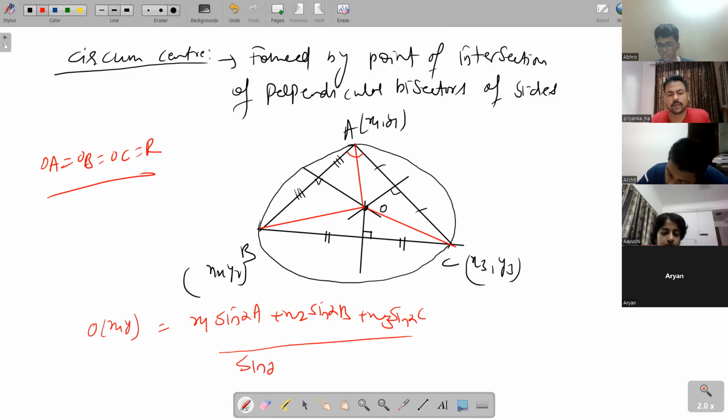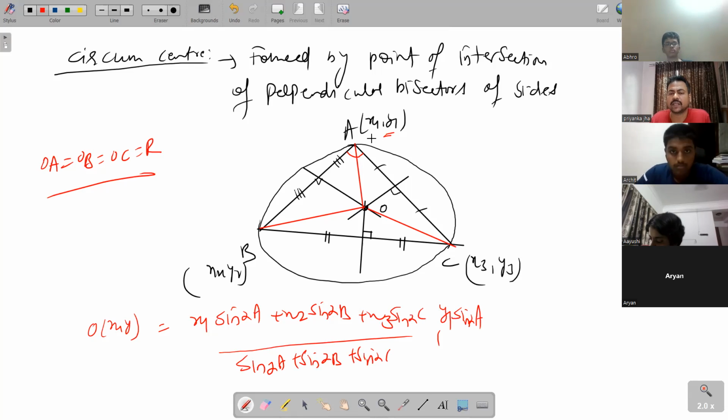Upon sine 2a plus sine 2b plus sine 2c. Maybe like, in multiple choice questions in JEE or anywhere, they may put this in one of the options, then you may get confused. And in exam, you cannot derive it. So just remember this. Y1 sine 2a, Y1. This vertices and sine 2a, same. Plus Y2 sine 2b plus y3 sine 2c upon sine 2a plus sine 2b plus sine 2c.